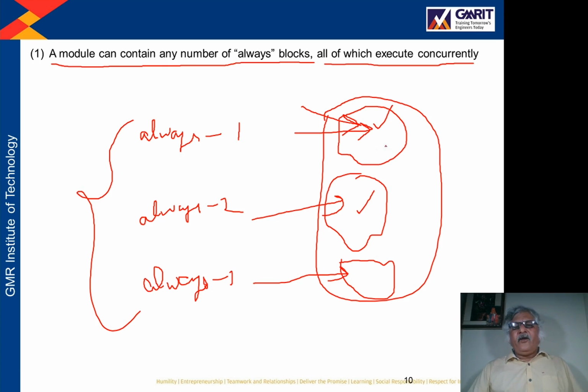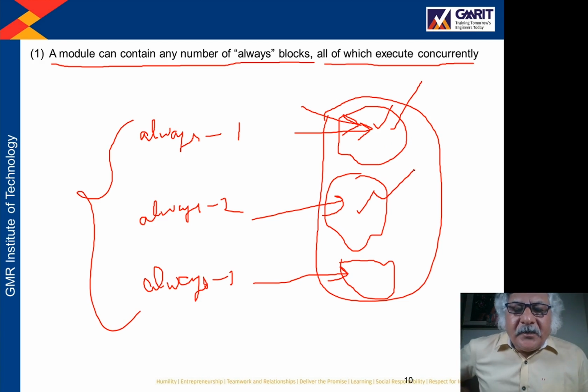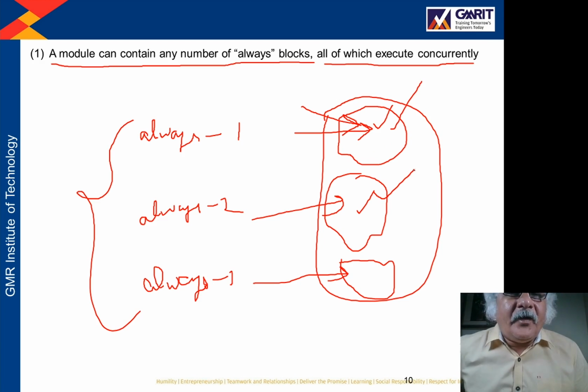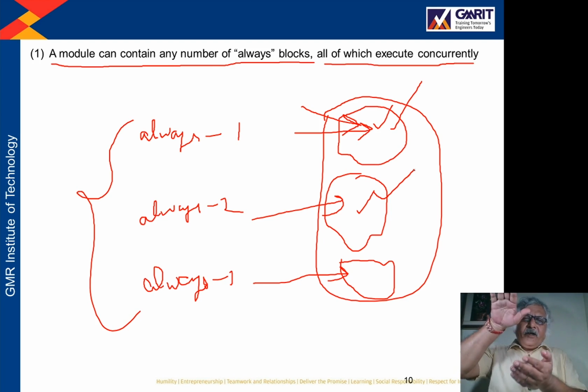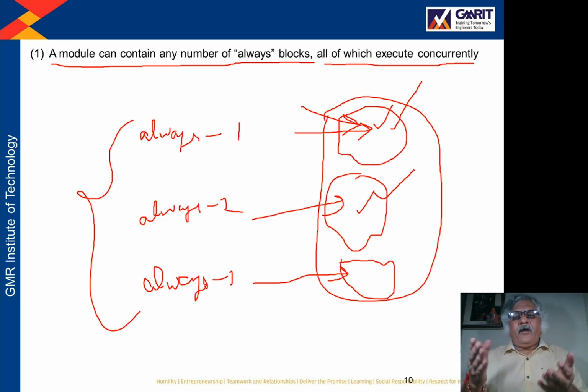It is not like first this hardware will complete and only then will we start the execution of that. This concurrency is a special feature of Verilog, whereas in a high level language like C, this concurrency is not there. Only sequential statements are there. But here the statements inside an always block are sequential, while the always block in itself is concurrent.